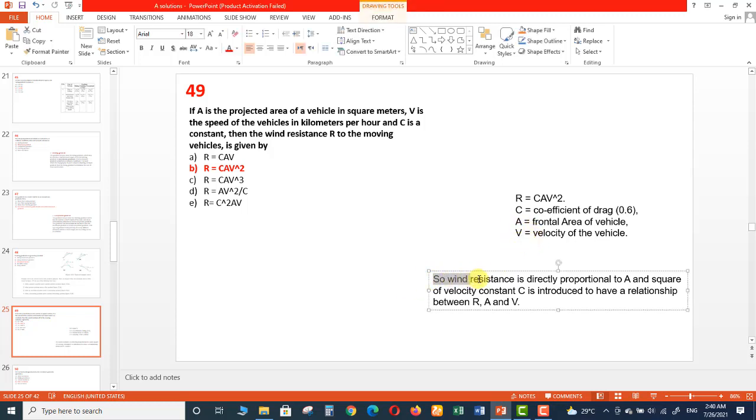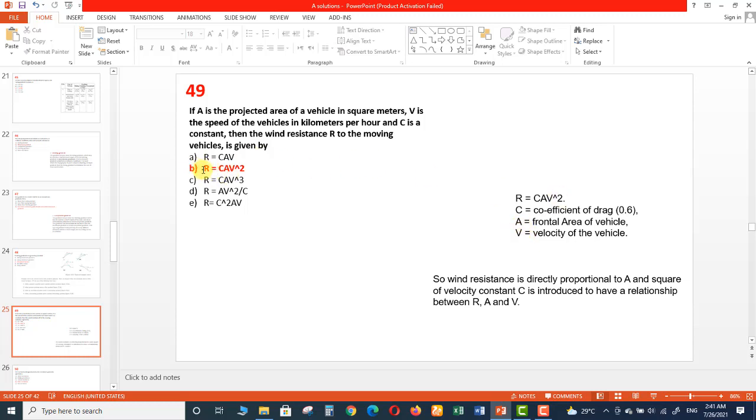So wind resistance is directly proportional to the frontal area of the vehicle, and to the square of the velocity. Constant C is introduced to have a relationship between R, A, and V. As we know, the resistance is directly proportional to the area, and it is again directly proportional to the square of the velocity.